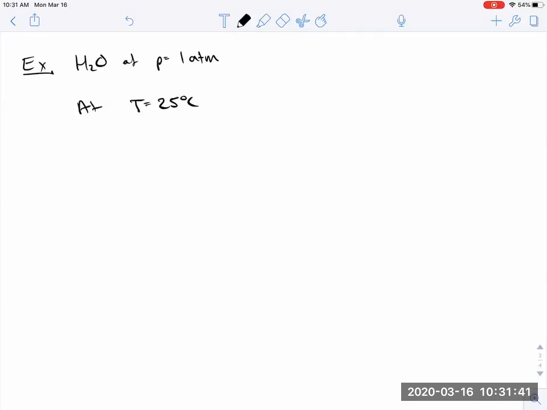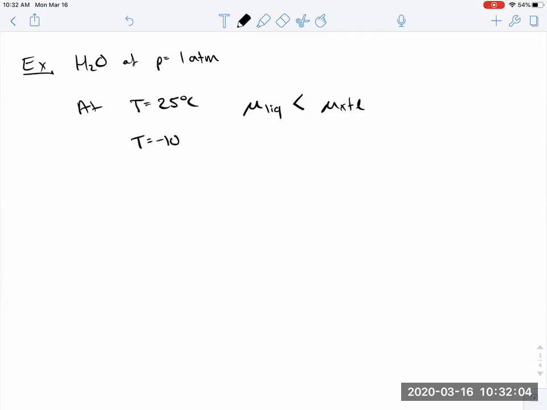So two I might consider are, say, the liquid and the crystal. And at 25 degrees C, we know water is liquid. So the relationship between these two chemical potentials must be that the chemical potential of the liquid is less than that of the crystal.